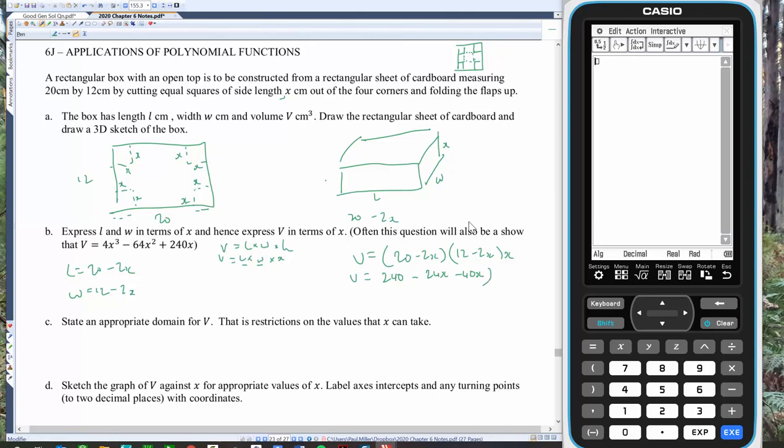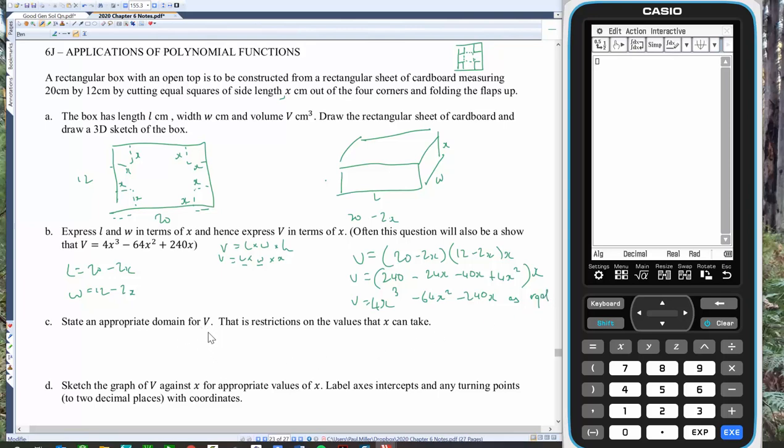I forgot to add 4x squared, all multiplied by x. Then we're going to expand that: 4x cubed, take away 64x squared, add 240x, as required.